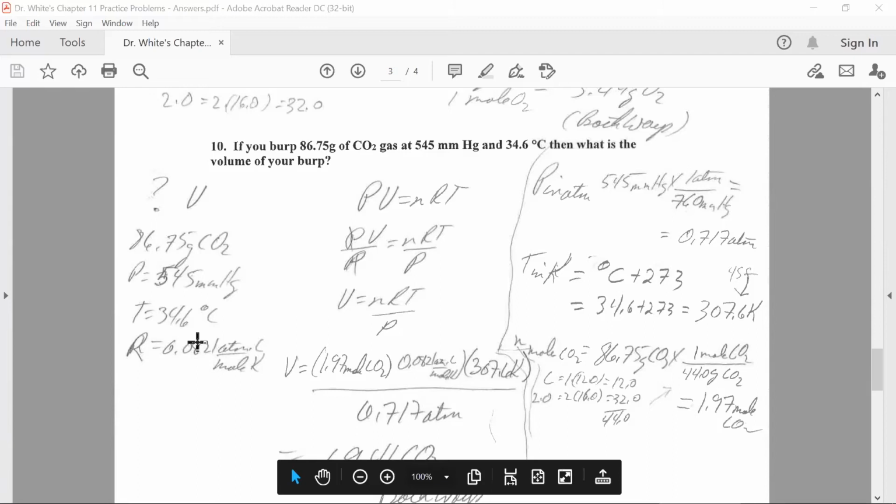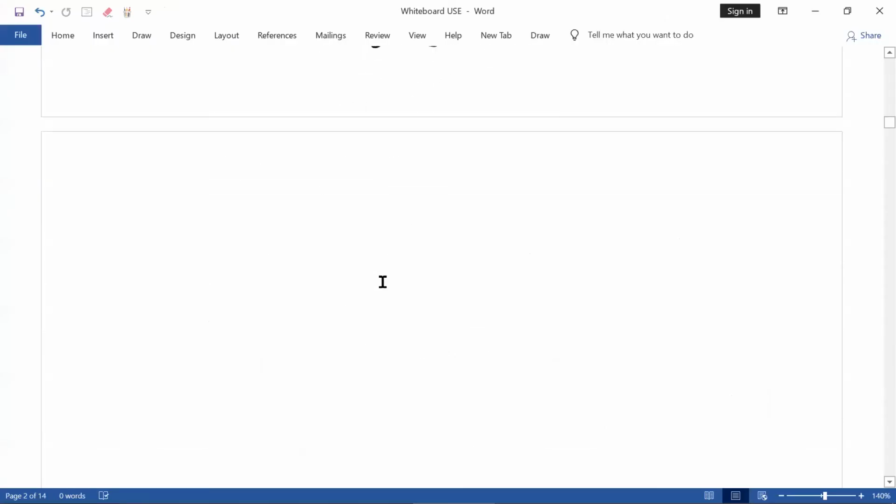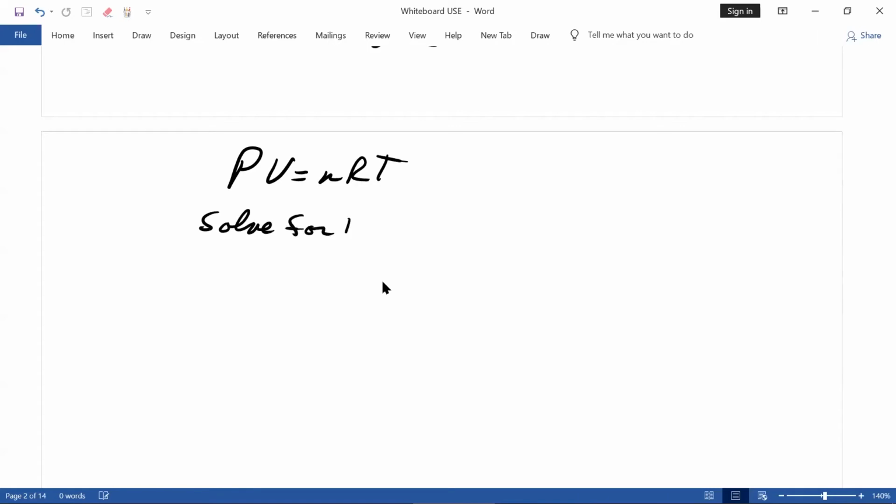Well, if we're trying to solve for V, find it, and we have PV equal nRT, two things multiplied times each other. I want to get rid of the P, pressure. Let me do this real live for you. If I have PV equal nRT, and I want to solve for V, I want to get rid of P. How do I get rid of anything that's multiplied times something else?